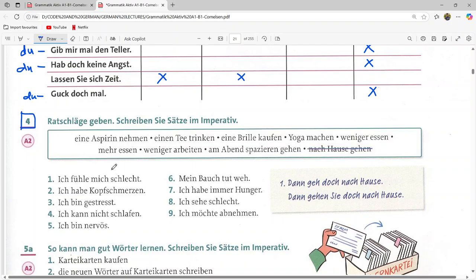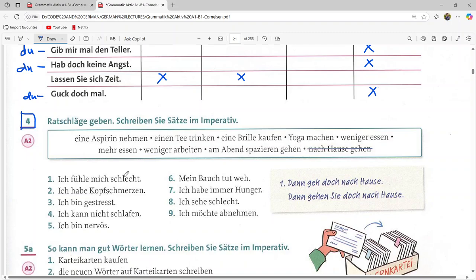So what we have to do, like we have some sentences given of feelings and something, and we have also sentences here, and what we have to do, we have to write these sentences in the imperative form, but with respect to the answer of these sentences. Okay, so let's get started.